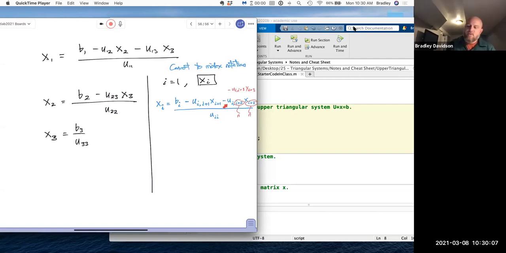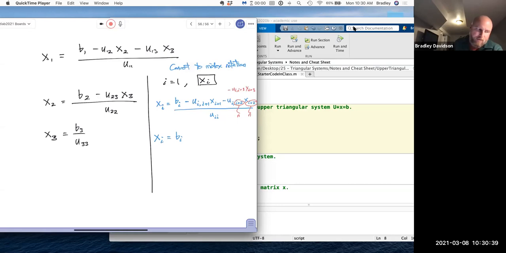Where we have u sub i, and then our second index for u is going to be n once we add in all those terms. What's nice about this is that we can rewrite our x sub i equation to look like this, where we have b sub i, which is going to stay the same no matter what unknown we're dealing with.